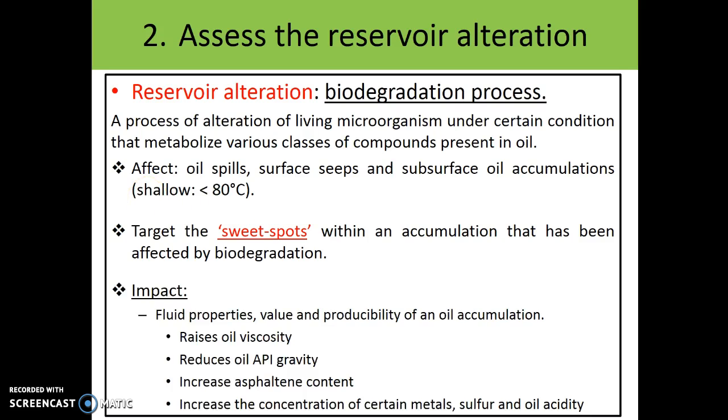Why? Because when biodegradation occurs in an oil reservoir, the process will dramatically affect the fluid properties, and each of the compounds found in the oil has its own susceptibility towards the biodegradation process, and later will affect the value and producibility of an oil accumulation.